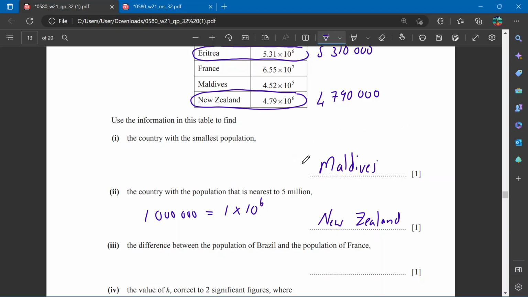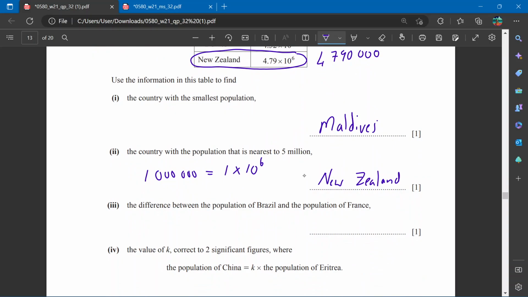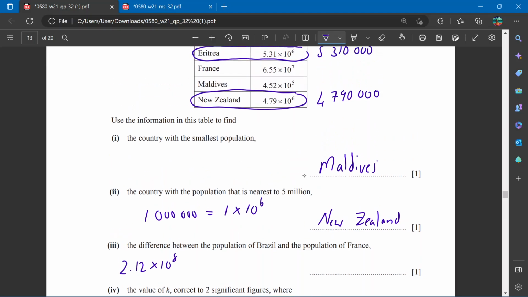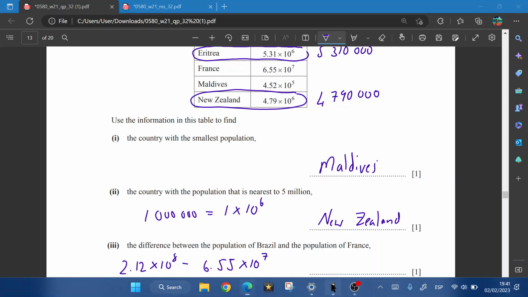Okay, last one. The difference between the population of Brazil, what's that? 2.12 times 10 to the power of 8, and the population of France, which is 6.55. Difference, meaning subtract. Got your calculator?